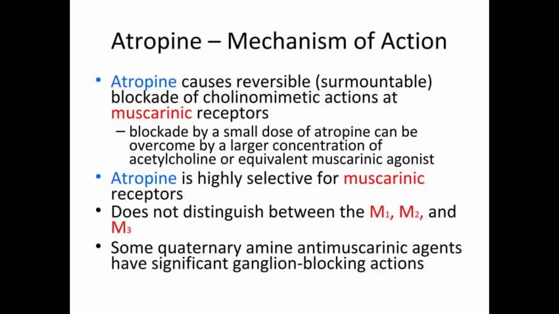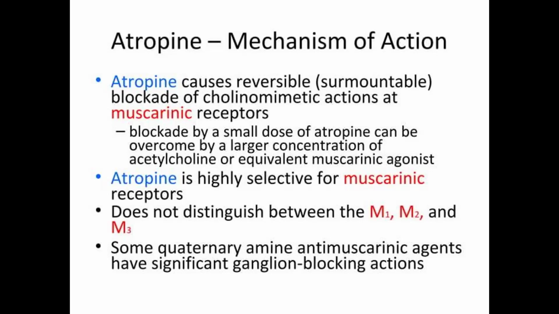So next is the mechanism of action. Atropine causes reversible or surmountable blockade. It's the M2 receptor to be more specific. Okay, I was searching for it. It's M2 receptors, in the heart, in the myocardium and SA node.